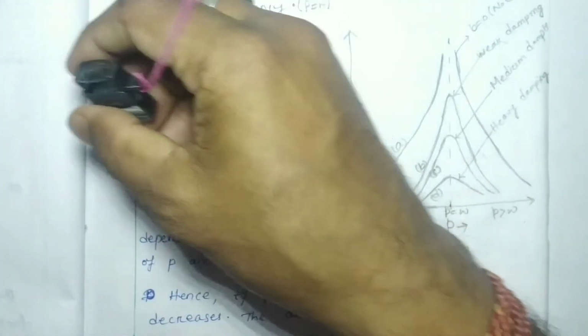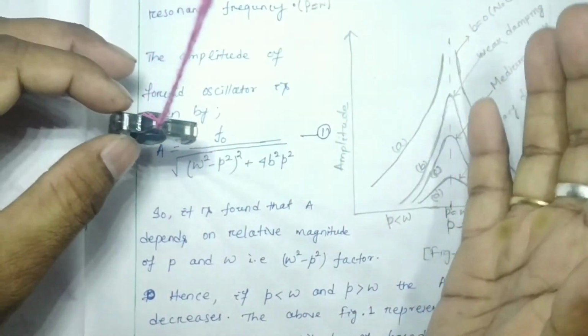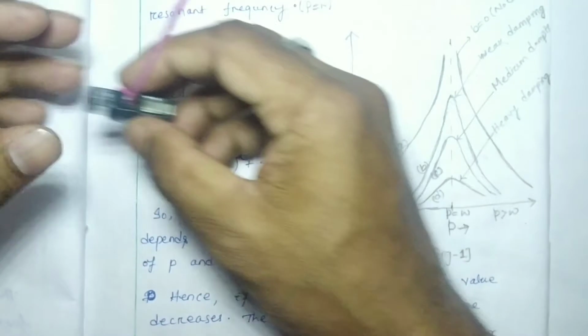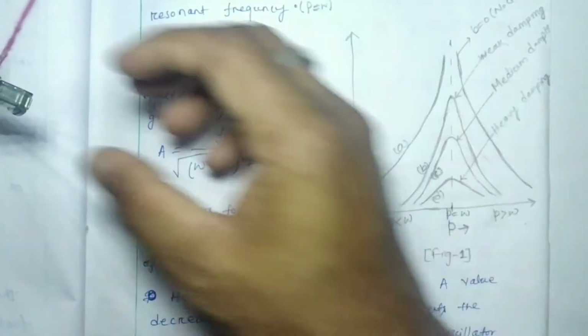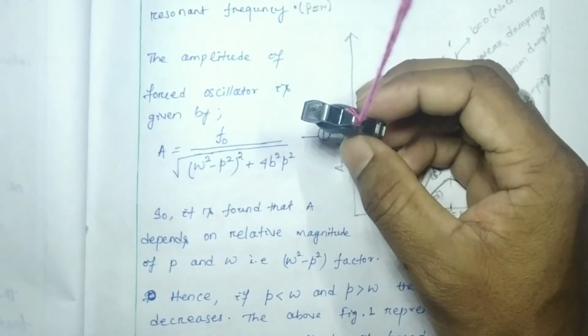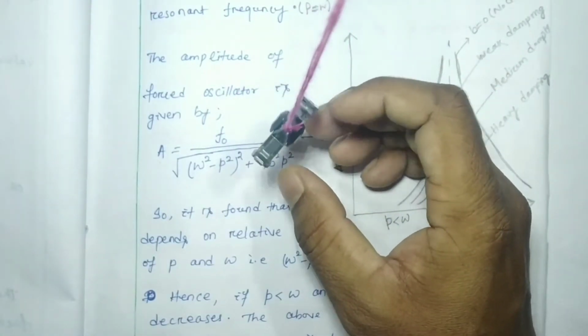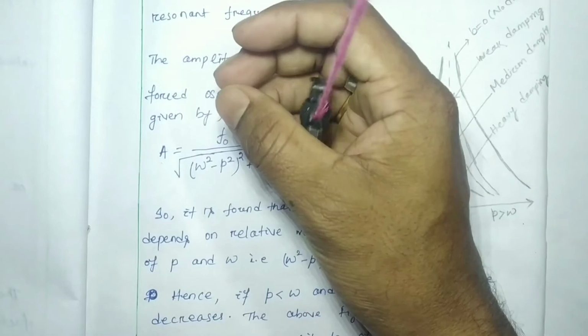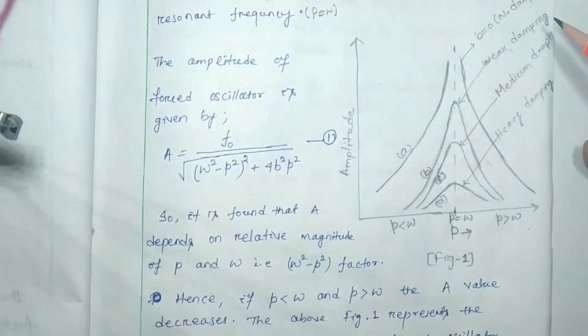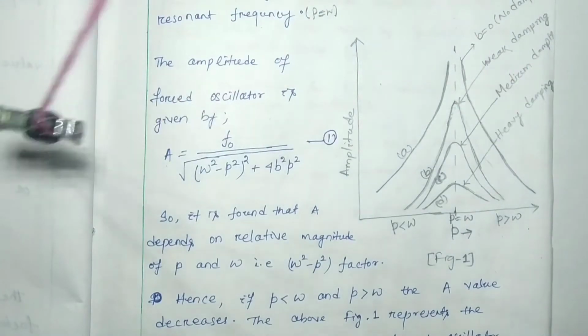If it is water, if I fill this area with water, then the amplitude will decrease slowly with a high damping medium, a high resistance medium. So for a weak damping medium, how fast is the amplitude decreased?